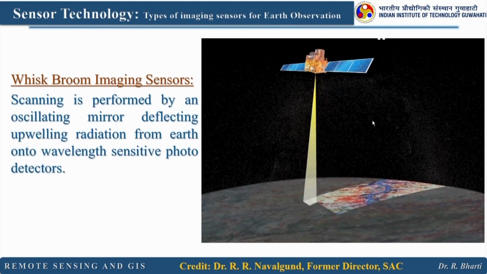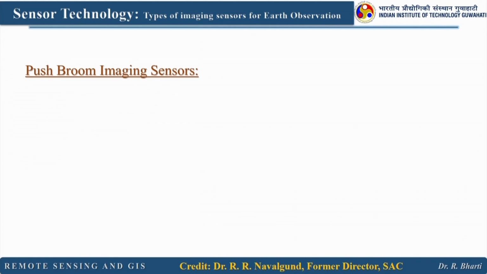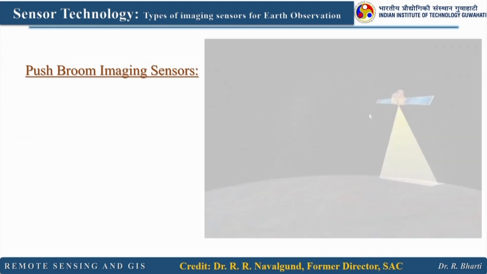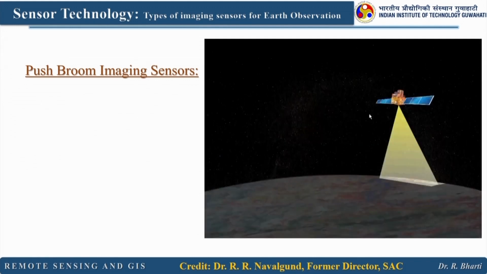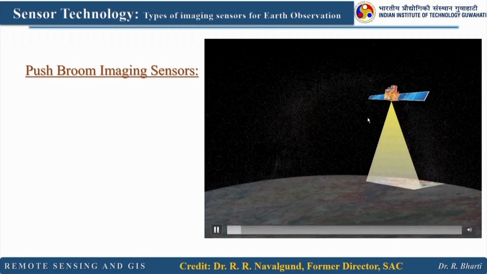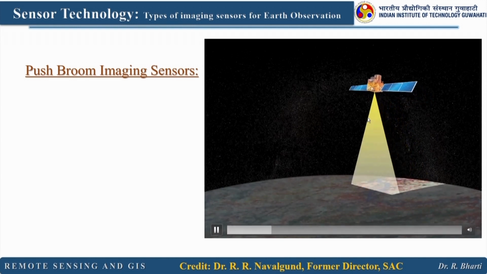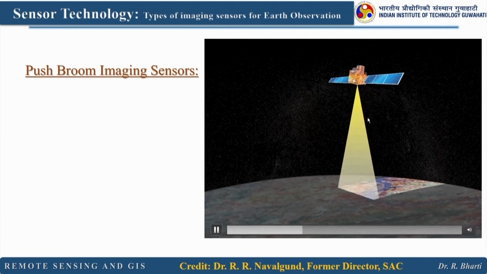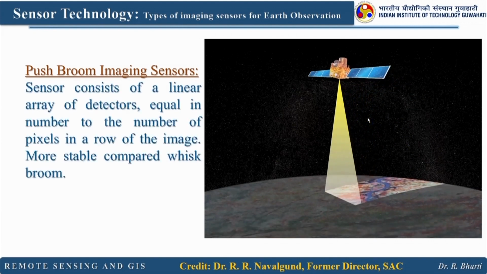Scanning is performed by an oscillating mirror deflecting upwelling radiation from the earth onto wavelength sensitive photodetectors. In the next one you have push broom, when you are pushing your sensor. So, this will be like this. This is the push broom imaging technology.